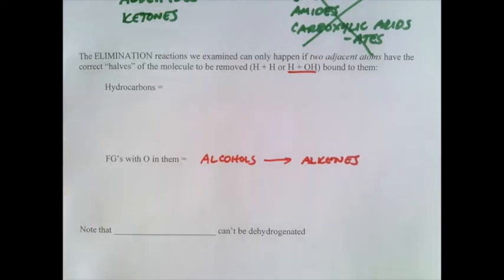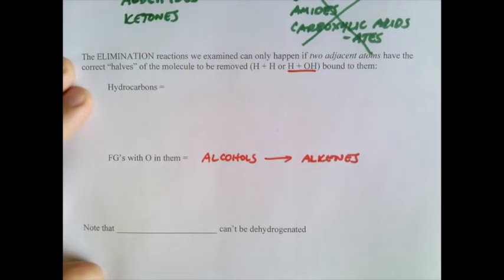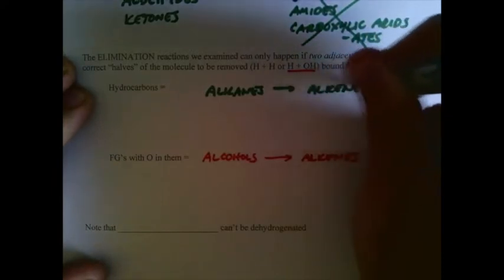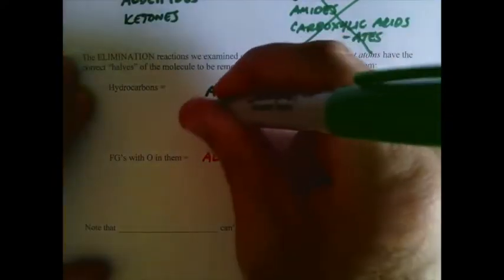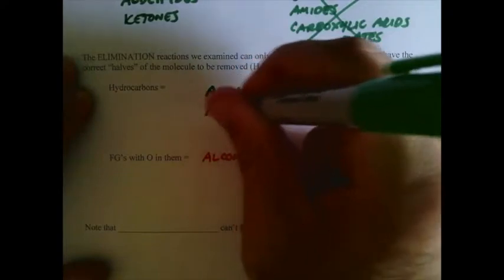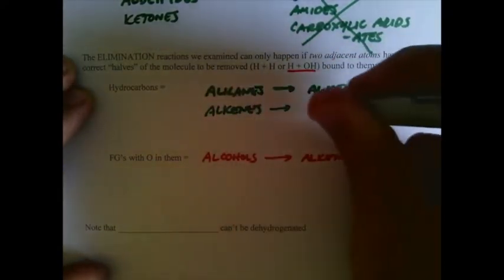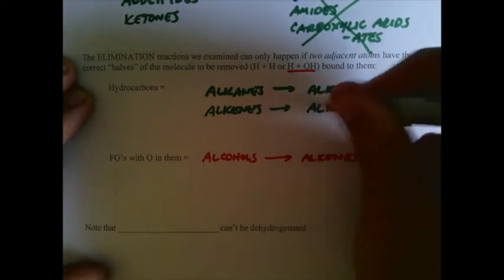As for dehydrogenation, well, there are a couple hydrocarbon groups that can do it. We've already seen that alkanes can be dehydrogenated. When that happens, they become alkenes. We haven't seen, but we could see, that an alkene, if you were to further dehydrogenate it, would give you an alkyne.